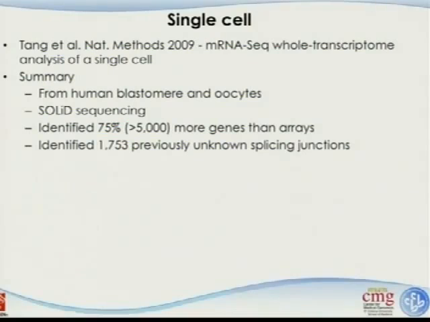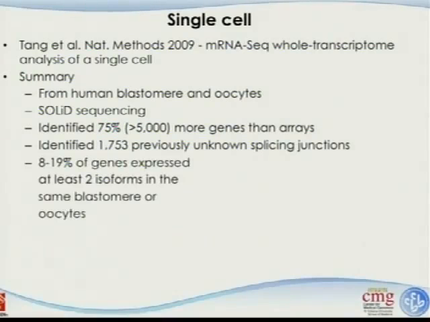So this tells you that with proper experimental design, single-cell level RNA sequencing can be much more sensitive. They identified over 1,700 previously unknown splicing junctions just in one single cell. Okay? And they also found 8 to 19% of genes express at least 2 isoforms in the same cell. That is kind of amazing.